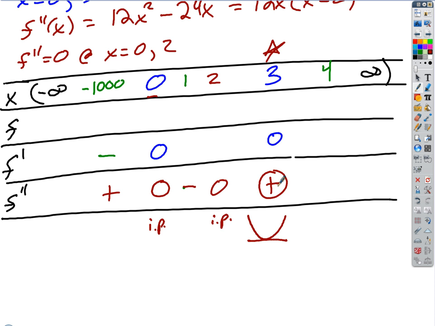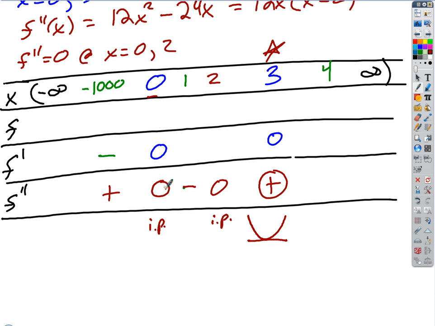Now this other one. The question was, what about this other first derivative critical number? Because it was a critical number of the first derivative and the second derivative, it was indeterminate. That means the fact that it's a first derivative critical number means it's a potential what? A potential extremum, right?